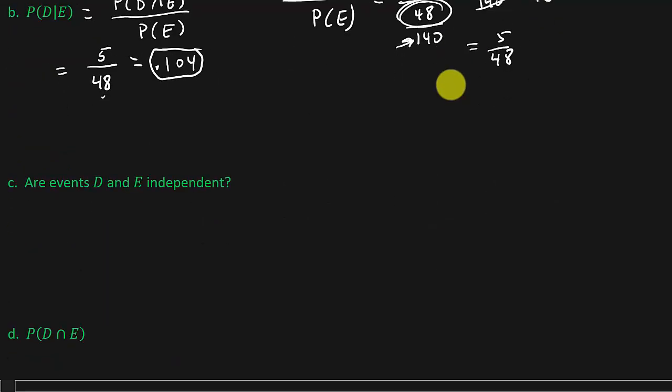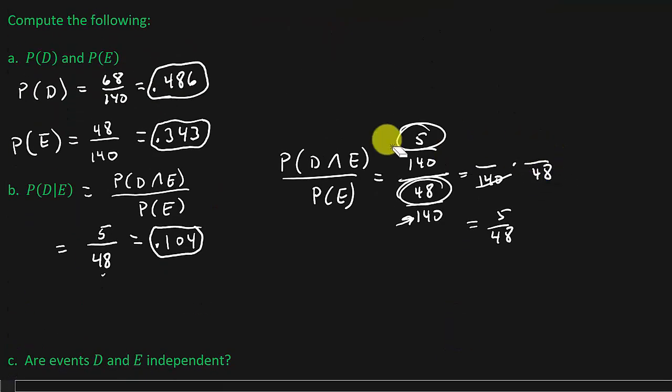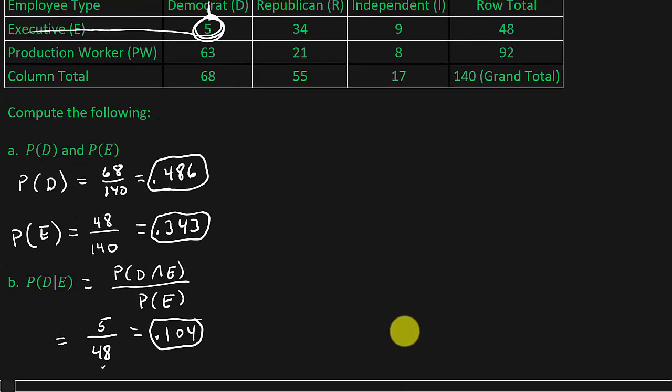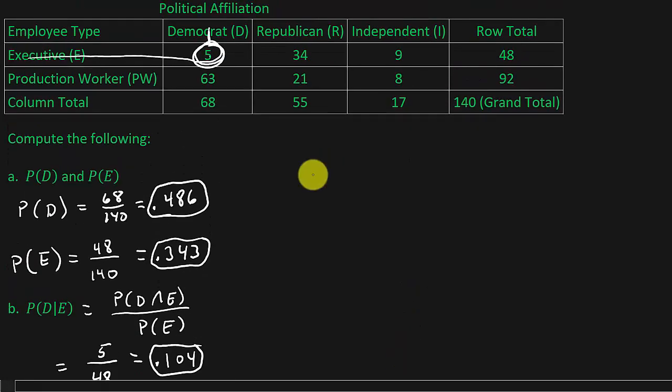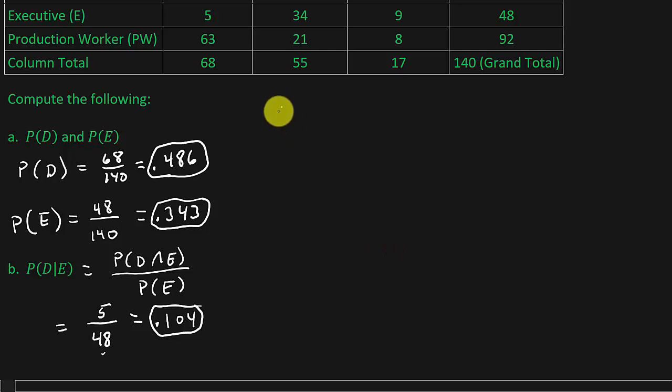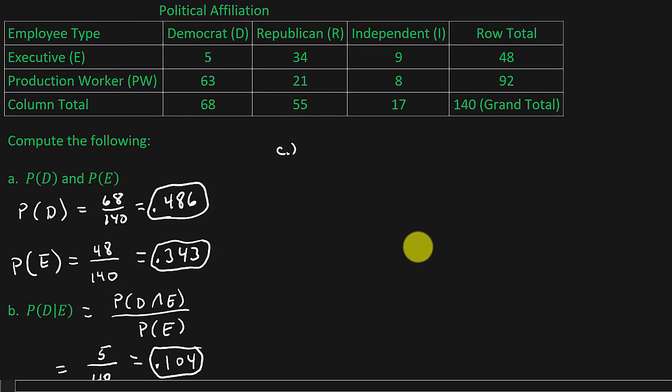Are events D and E independent? Let me erase this, and I'm going to come up here. I know the questions are below, but I'm going to do the work up here so we can see the table while we're doing it. So are D and E independent? This is part C. How do we show if two events are independent?